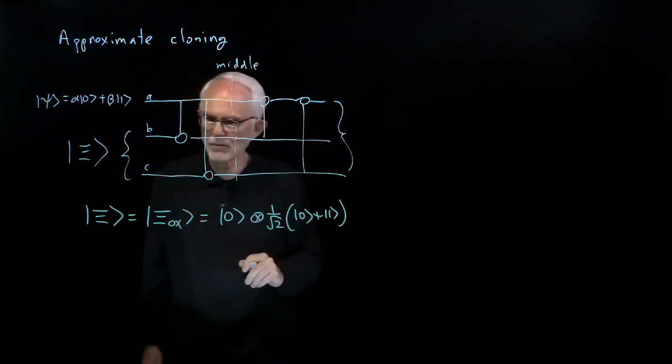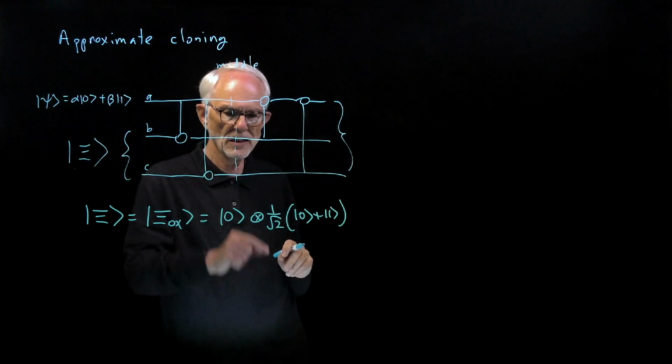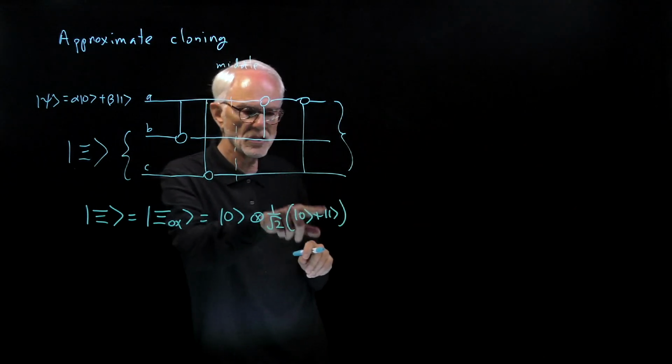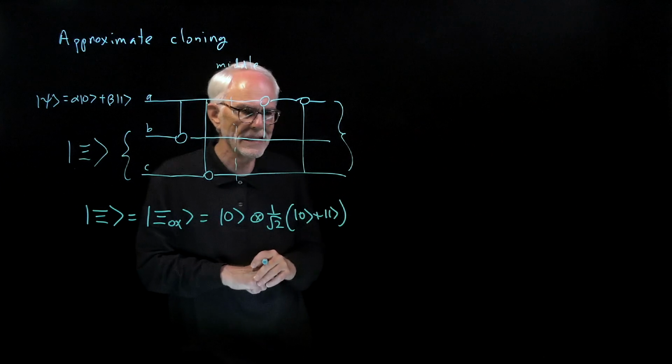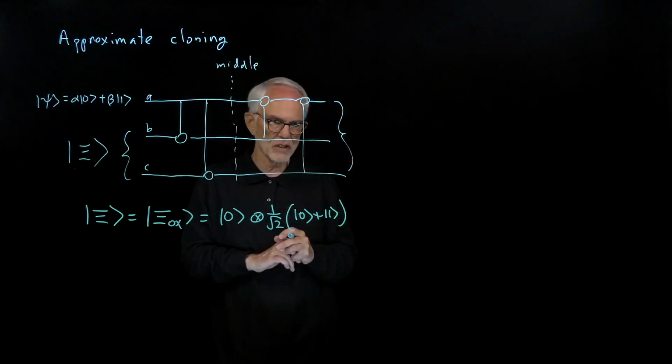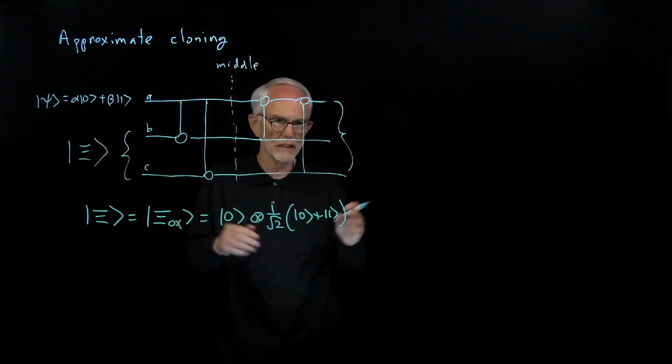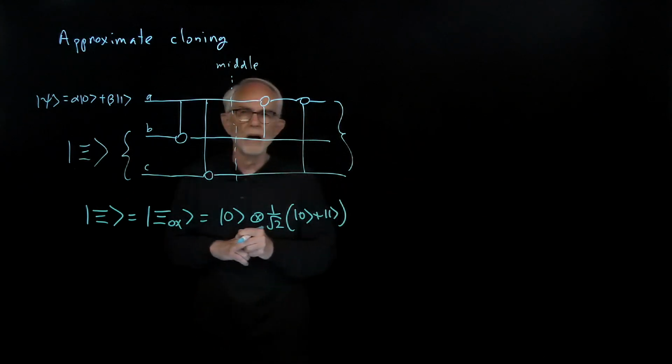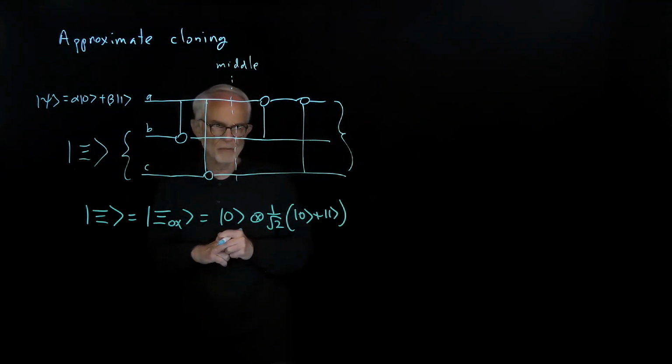The reason for the name 0x is that the first state is 0, and the second state is something often called a plus x state because it's an eigenstate of the Pauli sigma x operator. So what happens when I put in this program state?